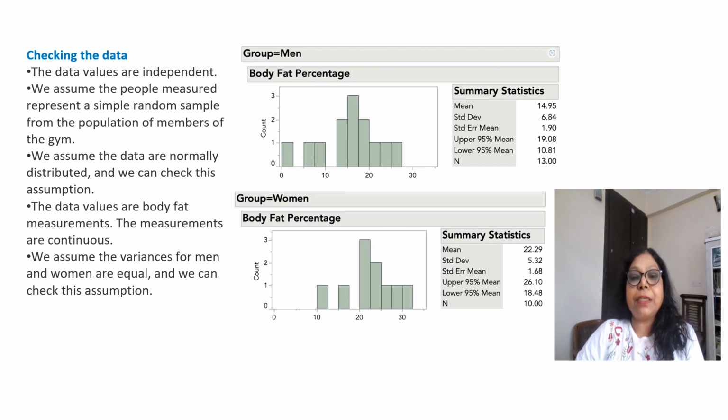Same way, if we plot the histogram, you can see it looks like a normal distribution, bell-shaped.